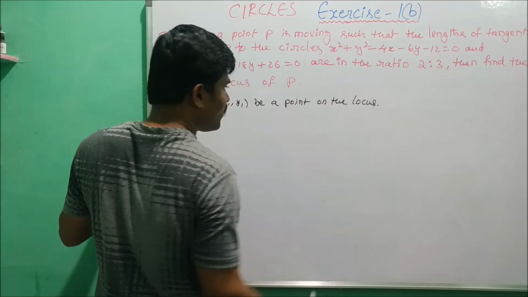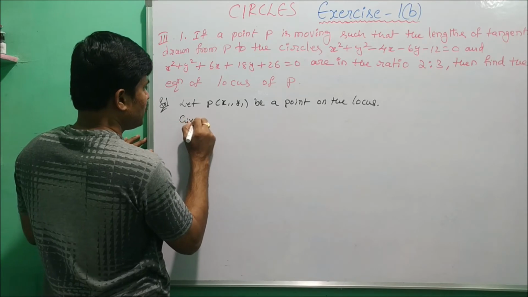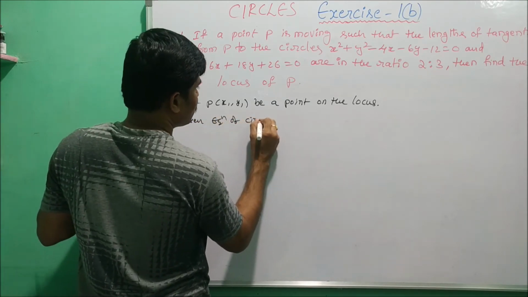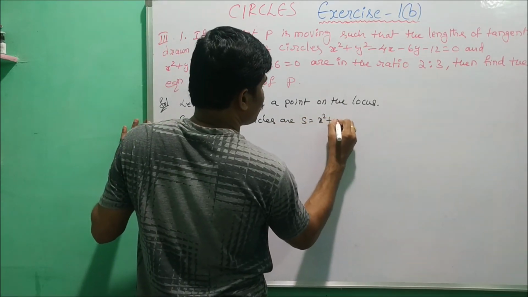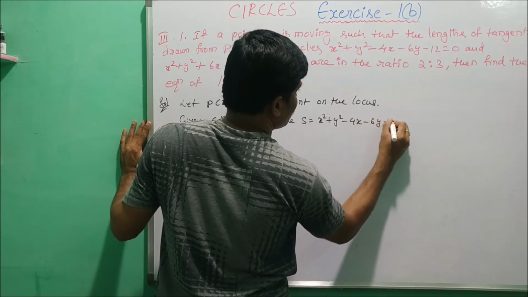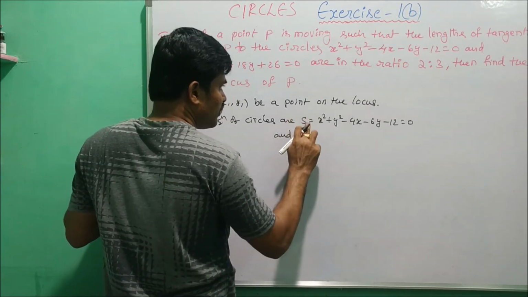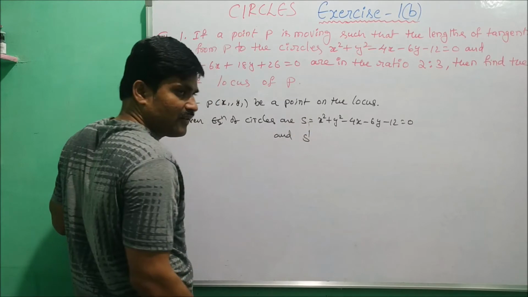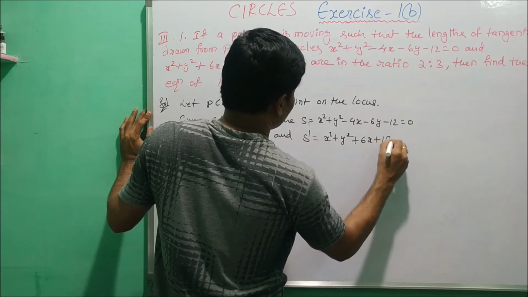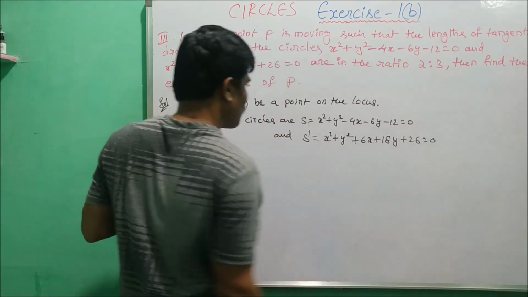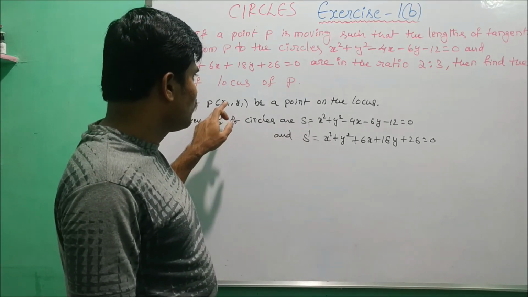Also, 2 circles are given. The given equations of the circles are: the first one, S equals x square plus y square minus 4x minus 6y minus 12 equals 0, and the second one, S dash, x square plus y square plus 6x plus 18y plus 26 equals 0. Here the lengths of the tangents from the point P x1 y1 are in the ratio 2:3.